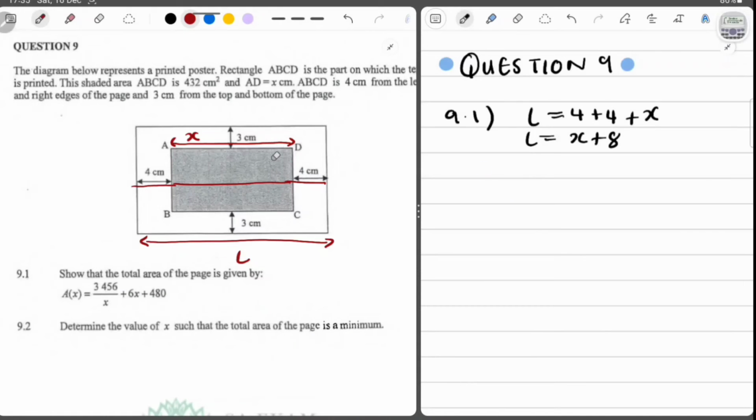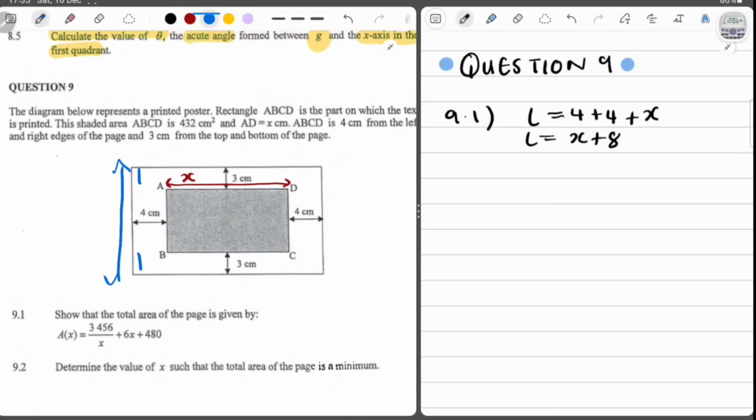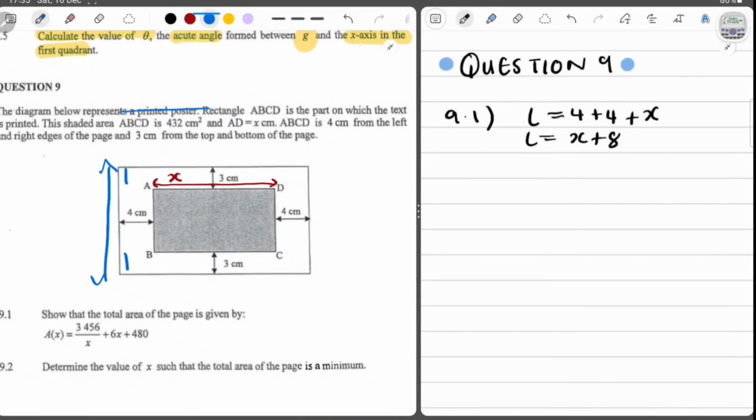So now we have to find out exactly what the breadth of this page is going to be. The breadth of this entire page, we also know that this is 3 centimeters. So if you count, it's 3 centimeters, also 3 centimeters. But what's AB? How do we find AB? Well, that's probably where this comes into play.